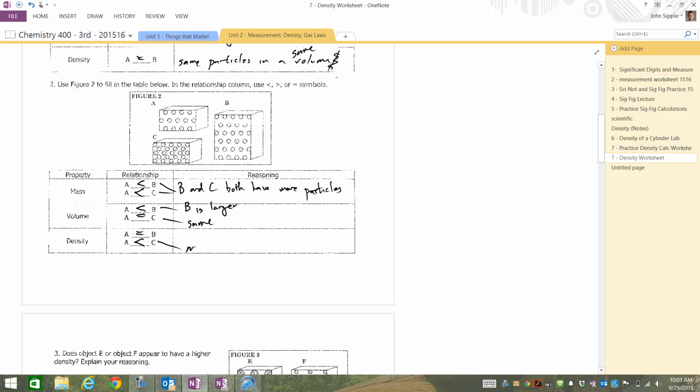Okay. So you got more particles and the same volume. So they have to be more closely packed together, but you just have more in the same volume is what it boils down to, right? Okay, more particles in the same volume, got to be higher density. Okay, more stuff in the same space. All right.